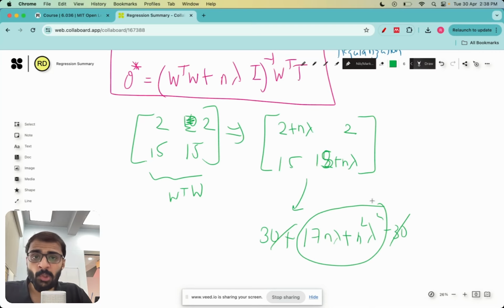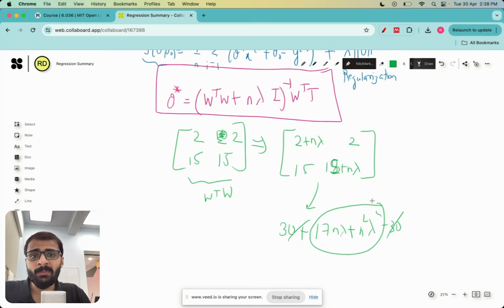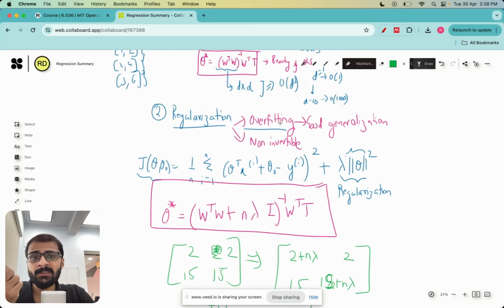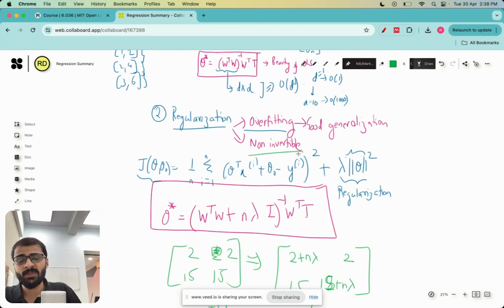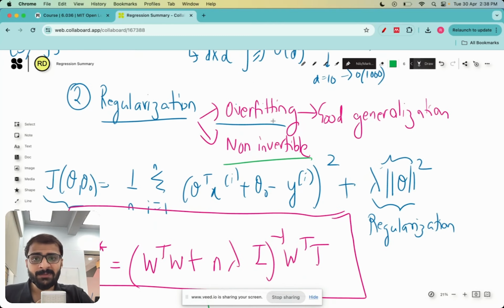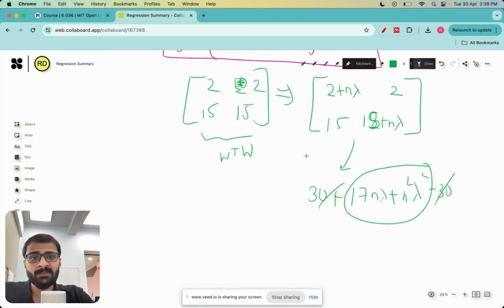The determinant is no longer 0, and it's possible for us to calculate the inverse of this matrix. Remember, that's the second thing solved by regularization. Regularization helps us solve the problem if the features are correlated with each other, and it also helps prevent overfitting. It leads to good generalization performance.